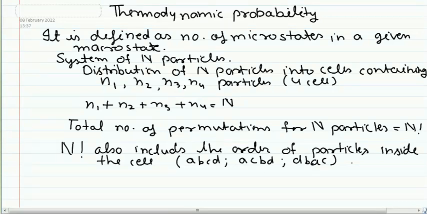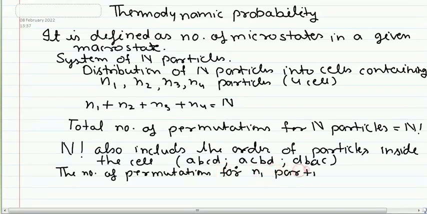So for 4 particles, the number of permutations for n1 particles inside the cell is also defined by n1 factorial.